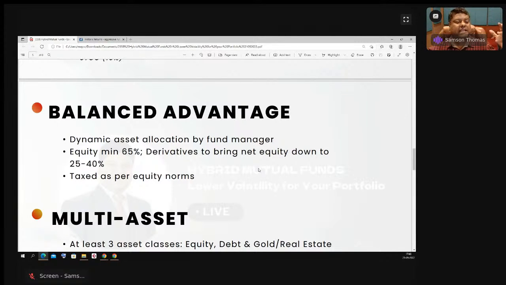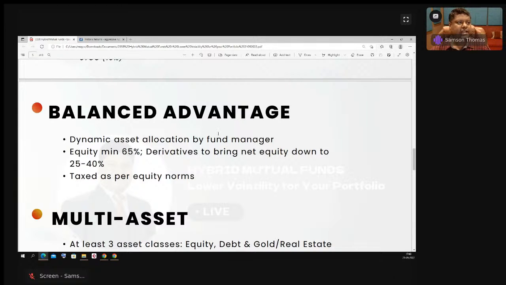By using derivatives, they are bringing down the exposure to 25% or to 40%, between that bracket. But in spite of that, the taxation can happen as per the equity norms, because the cash market equity is a minimum of 65%. So that is your advantage when you are doing a balanced advantage fund. Balanced advantage, or it's also known as dynamic asset allocation funds, right?